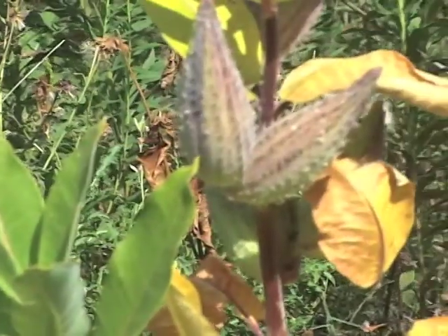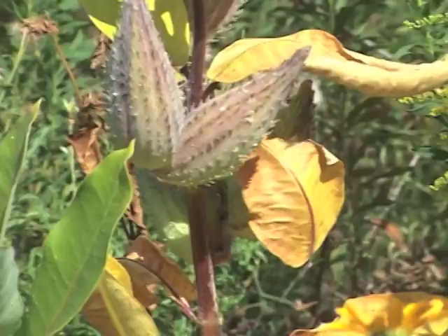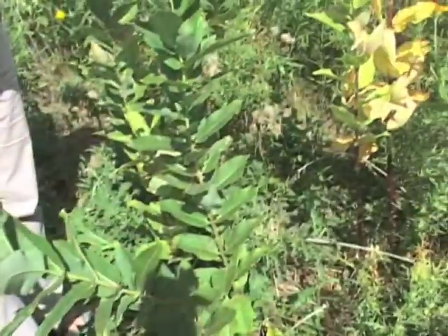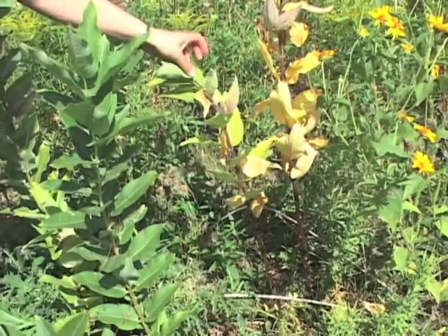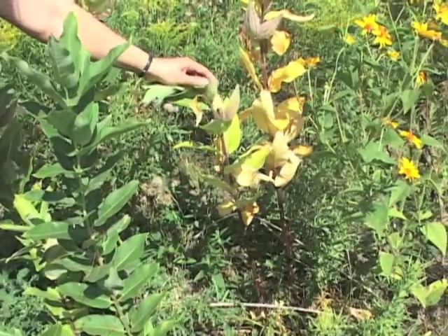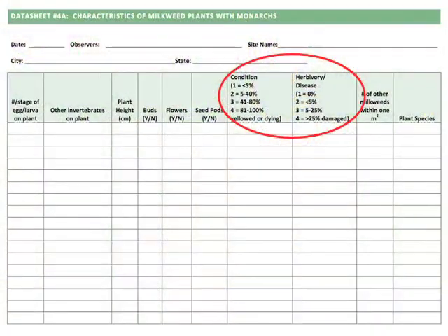You'll estimate the condition of the plant looking at both the percentage of leaf material that is yellowed and senescing and that has been eaten by herbivores. Both of these are subjective measurements, but our goal is to determine how the plant compares to other plants in your site. Use the categories provided on the datasheet for percentages.